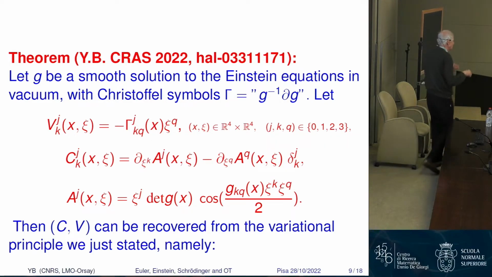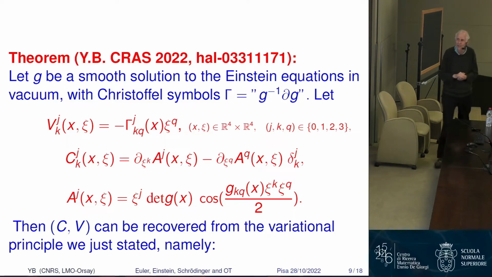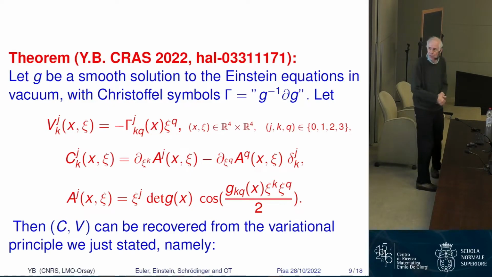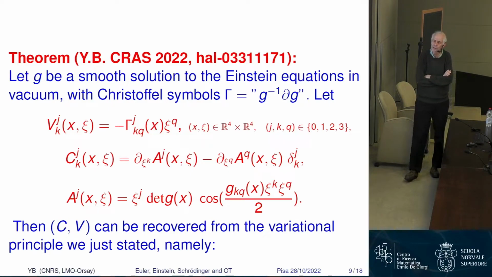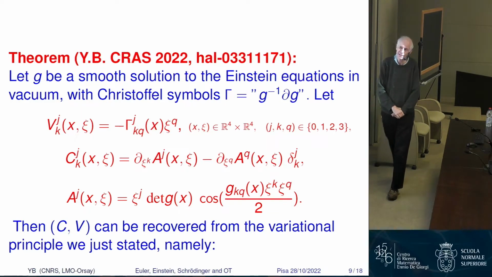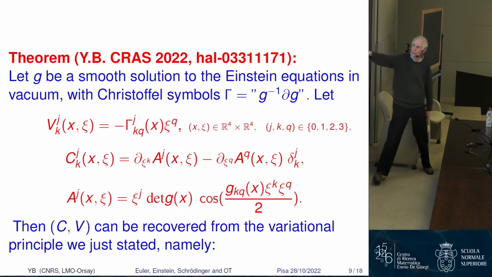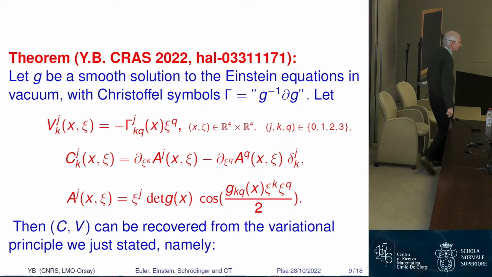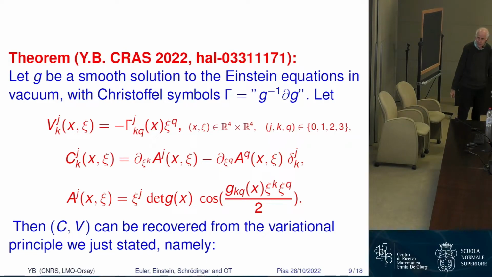It's a fancy, slightly complicated formula, but it's essentially some derivative of G multiplied by the inverse of G. Then you introduce this field of matrices, V_jk, where the indices j, k, q range from 0 to 3. It's 4 dimensions, and 0 is the usual notation for time in general relativity.